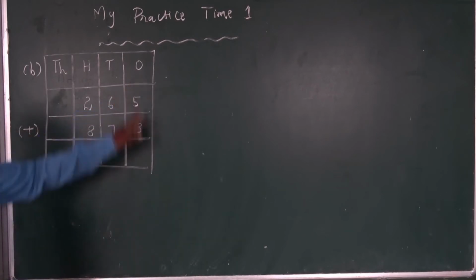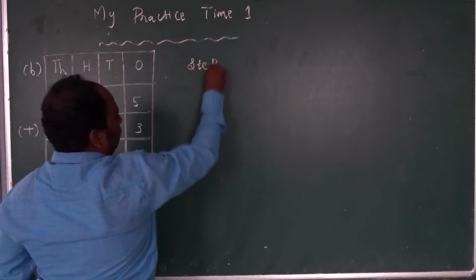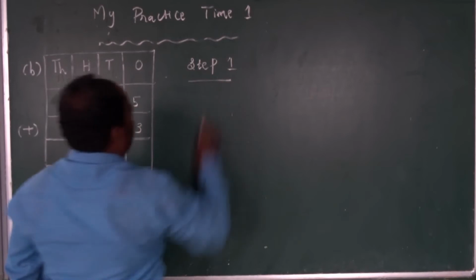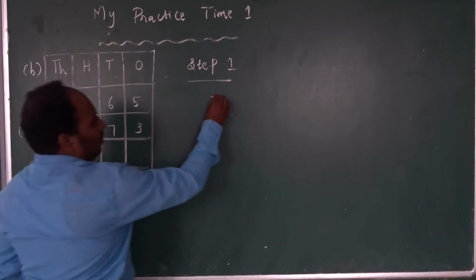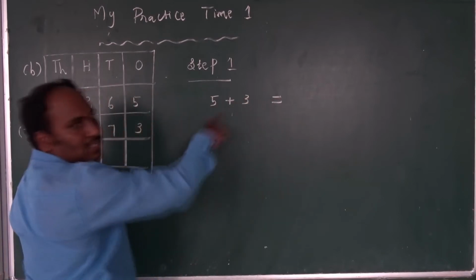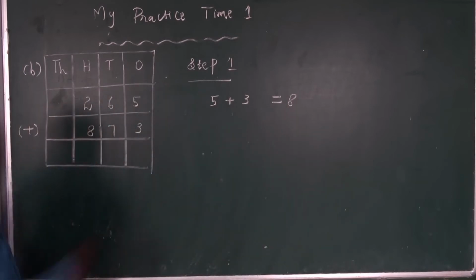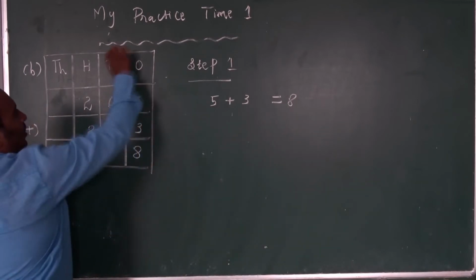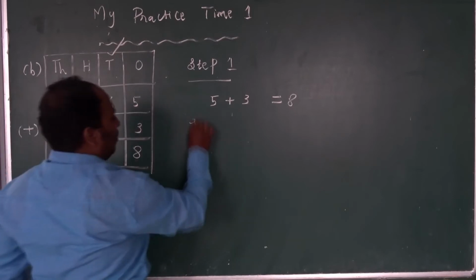First we take the ones place. Step 1. Here our ones place is 5 plus 3. 5 plus 3 is equal to 8. The next one, we add the tens place, 6 plus 7.